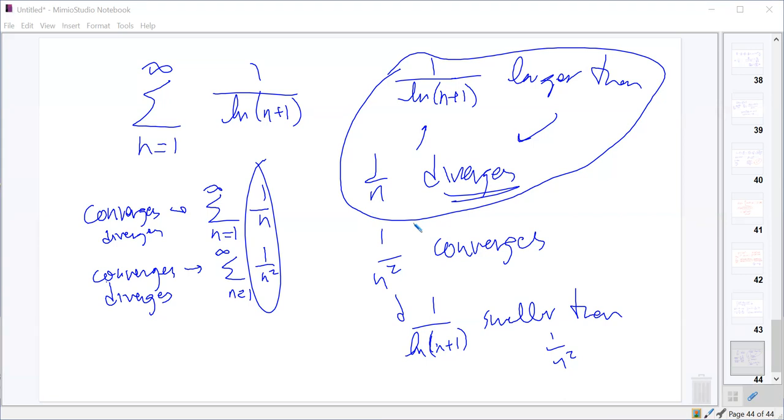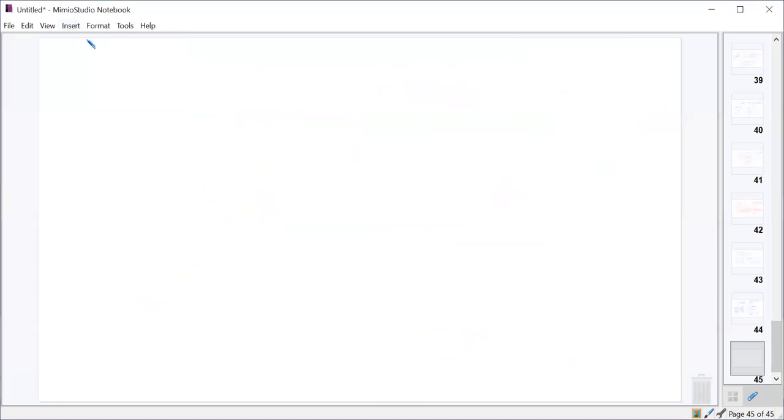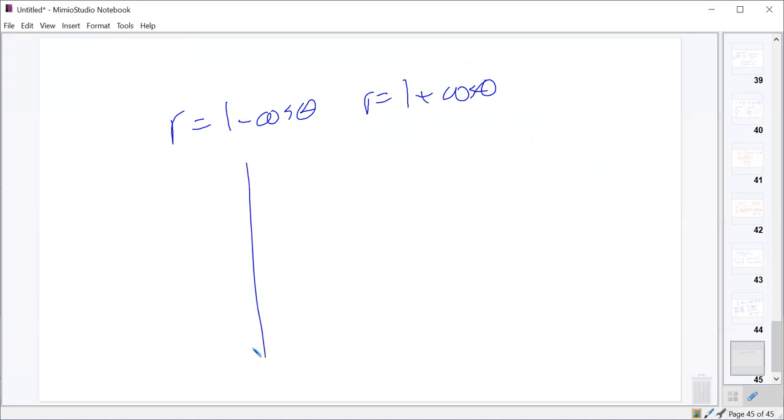Let's see here. How about, let's look at this. This is a fun looking one here. We've got r equals 1 minus cosine theta, and we've got r equals 1 plus cosine theta. And they've sketched a graph for us here, which should look like this.